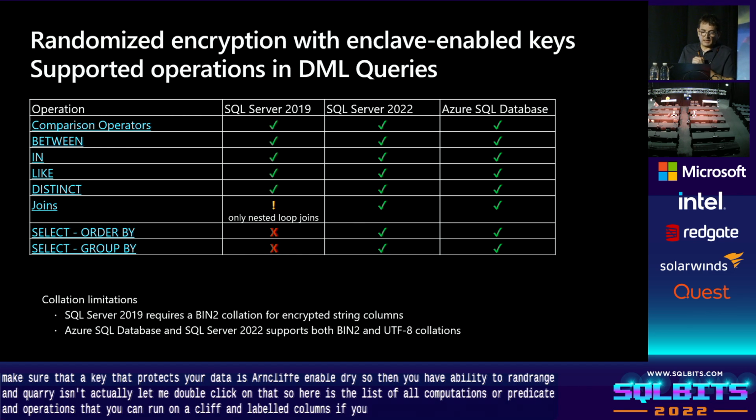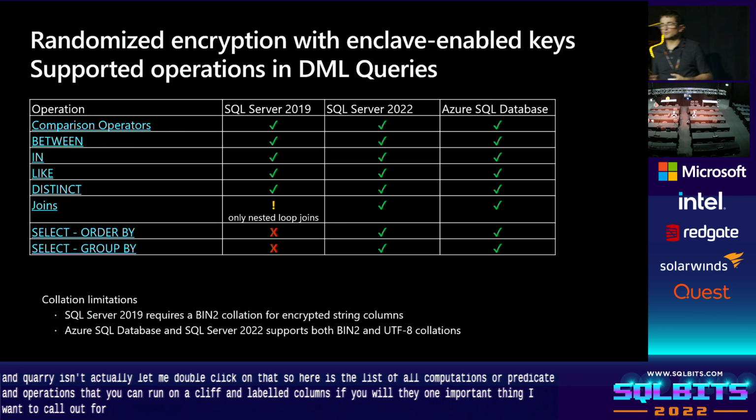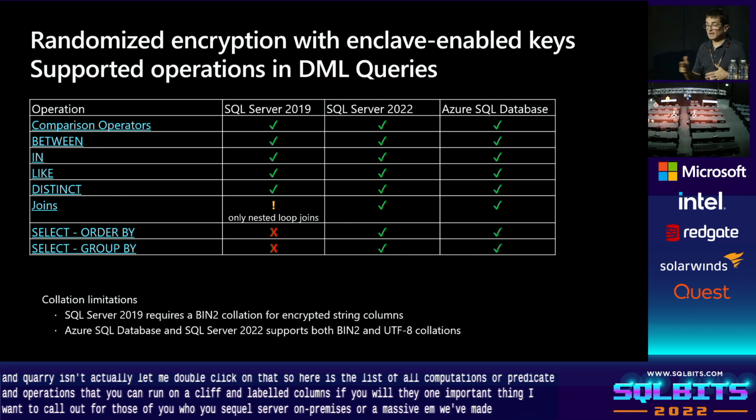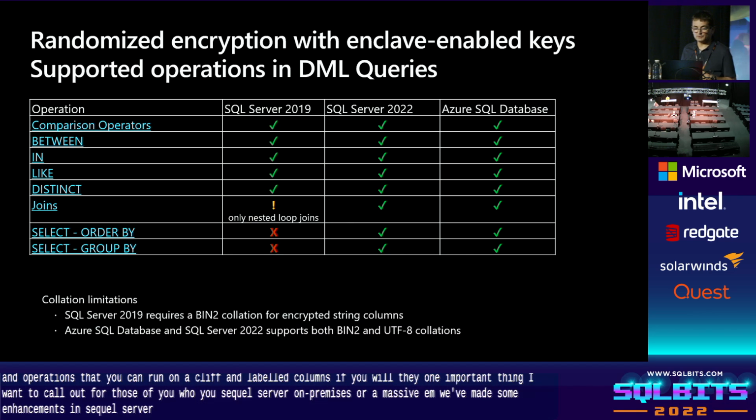One important thing I want to call out for those of you who use SQL Server on premises or in Azure VMs: we've made some enhancements in SQL Server 2022.